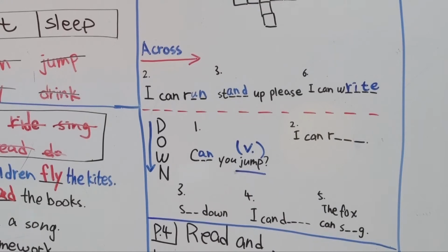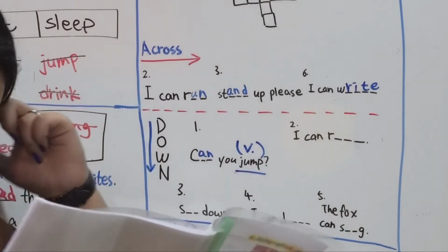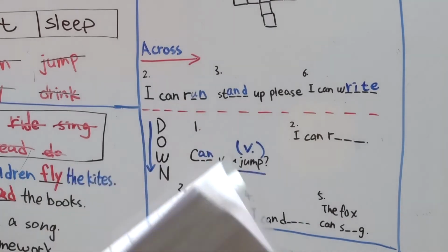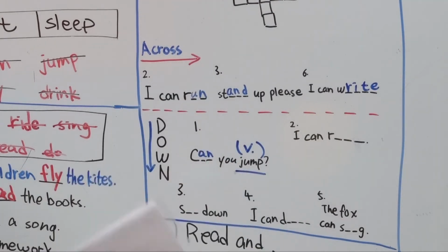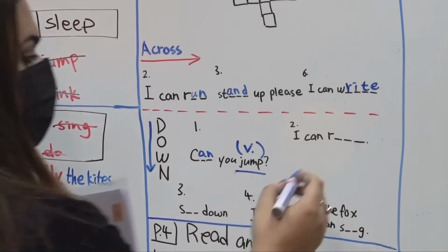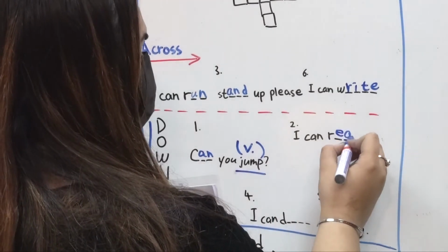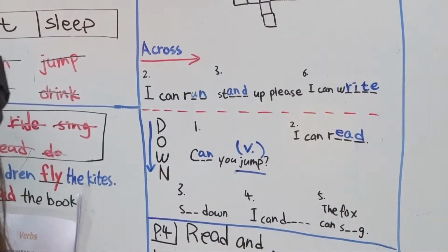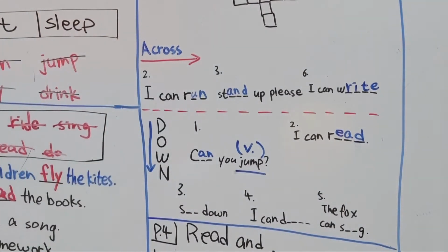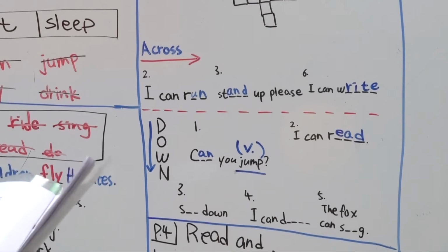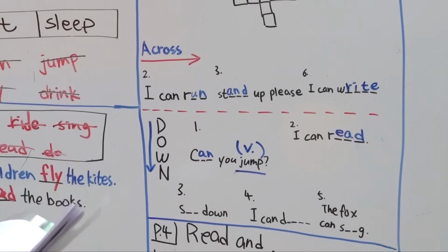Number 2. I can what? What can you do with books? With storybooks or books? You can read. The action verb for this picture is read. Alright? Number 3. You'll see a girl. What is she doing?